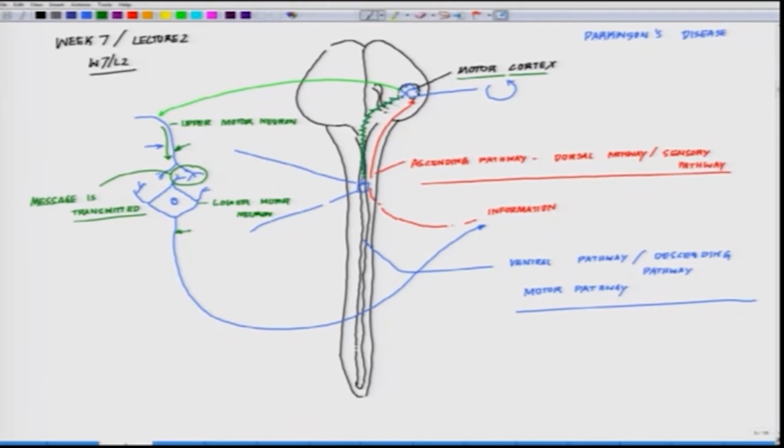Such a situation arises in the case of Parkinson's, where these upper motor neurons, which are located in this location called the substantia nigra, start to die off, exactly the same way as we have observed in the case of Alzheimer's.